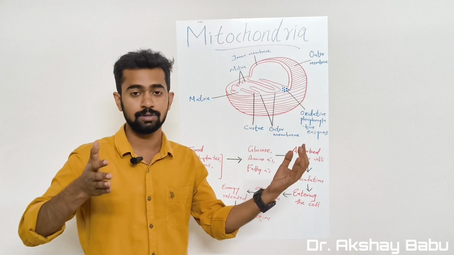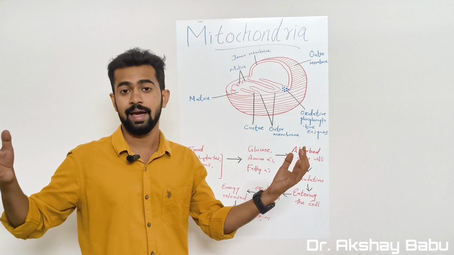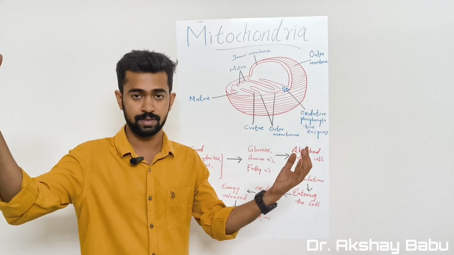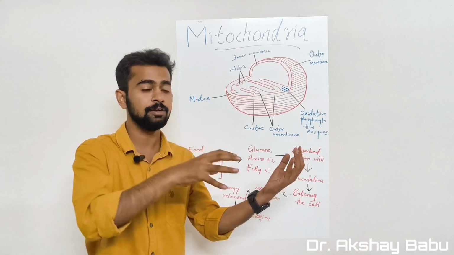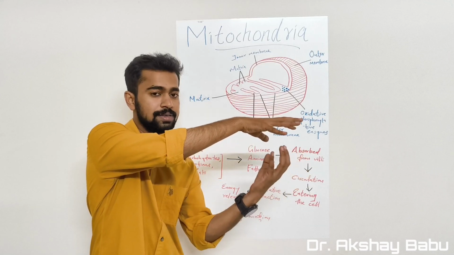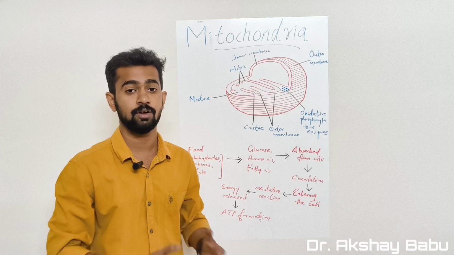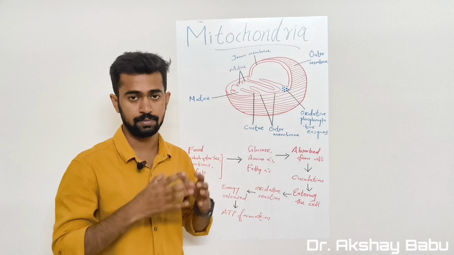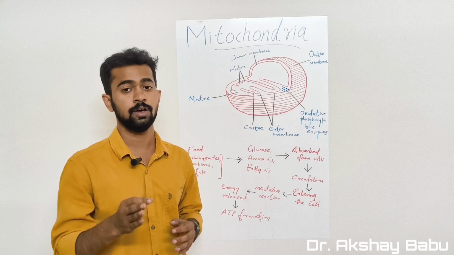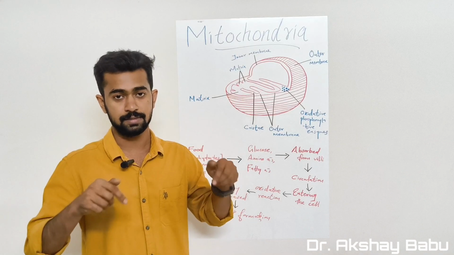ADP is adenosine diphosphate and Pi is inorganic phosphate, and along with that it will liberate energy. This liberated energy will make the myosin head attach to the actin filament, thus initiating contraction of muscles. And the next mechanical function of ATP is for amoeboid and ciliary motion in the cells.